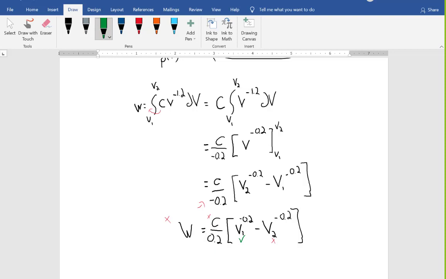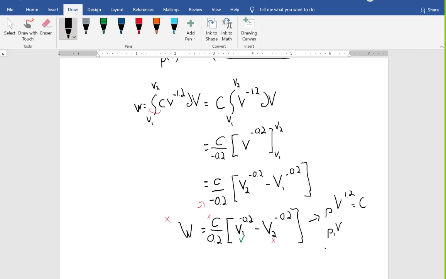The thing though, I can use this equation, because I know here that P V to the 1.2 is equal to some constant. And that means that because this is constant, it's true at P1.